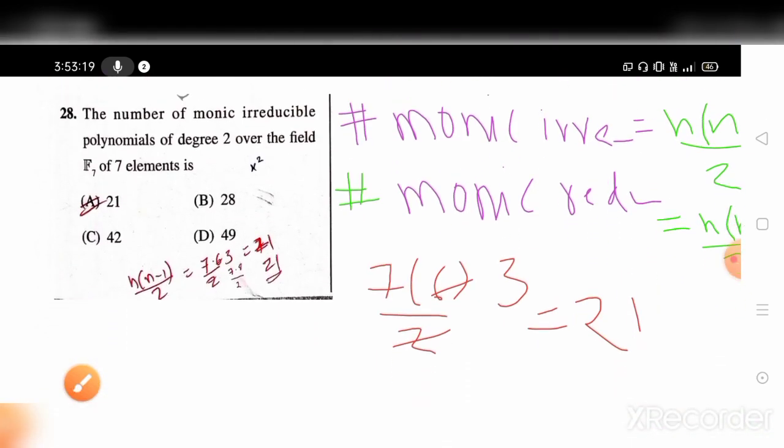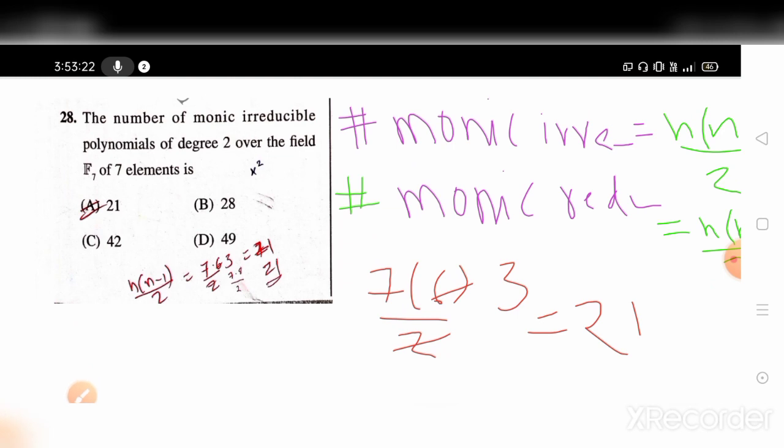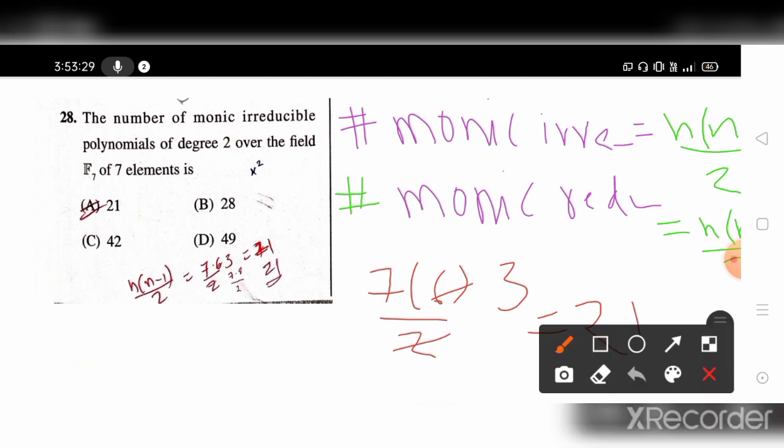Next question. The number of monic irreducible polynomials of degree 2 over the field F7 of 7 elements. Here given 21, 28, 42, 49.